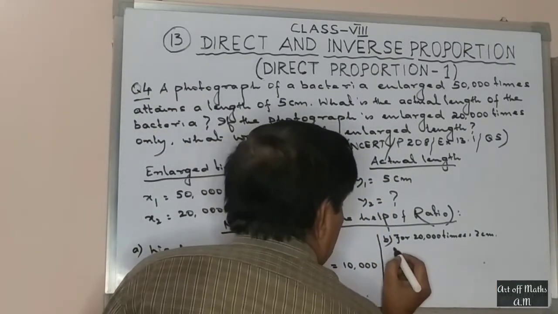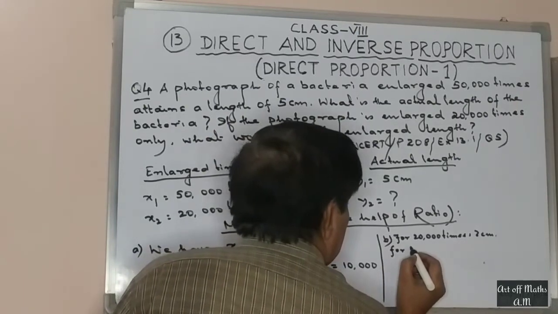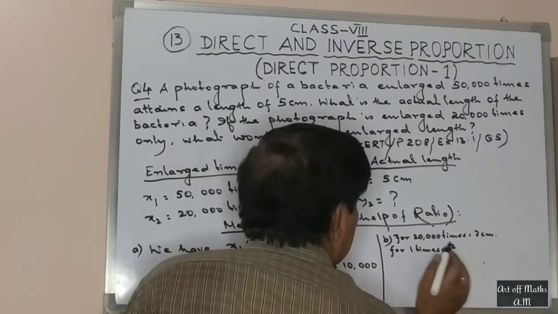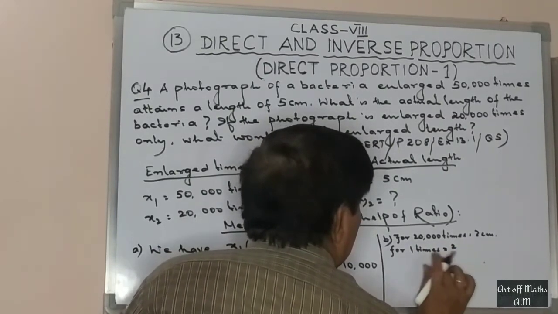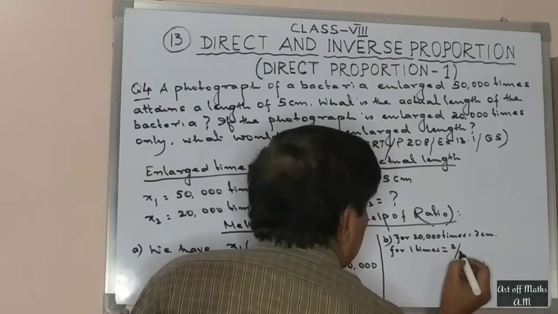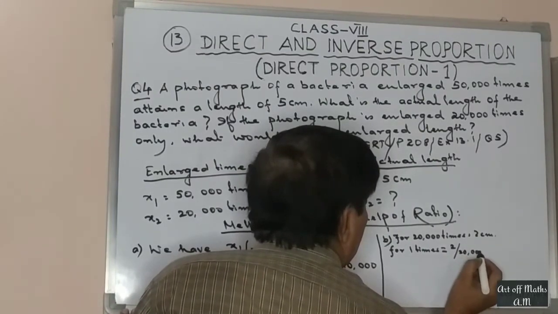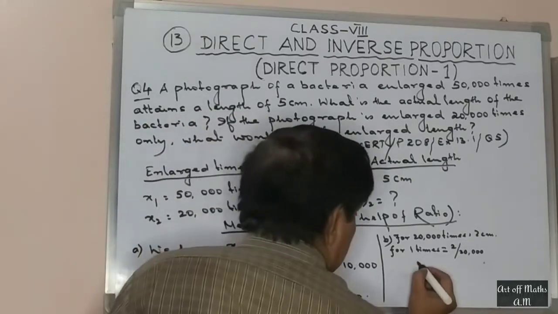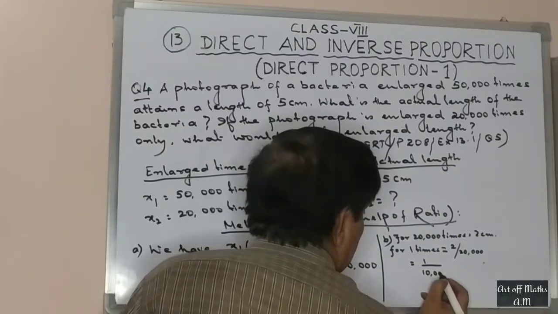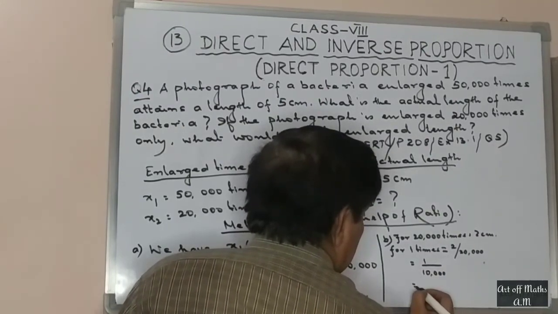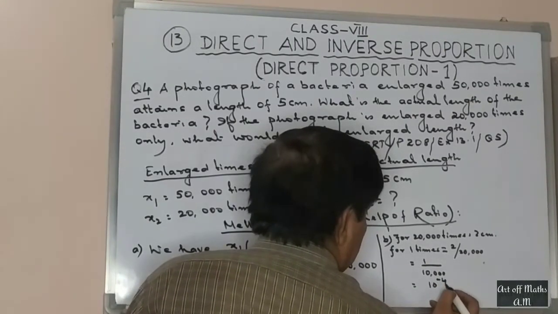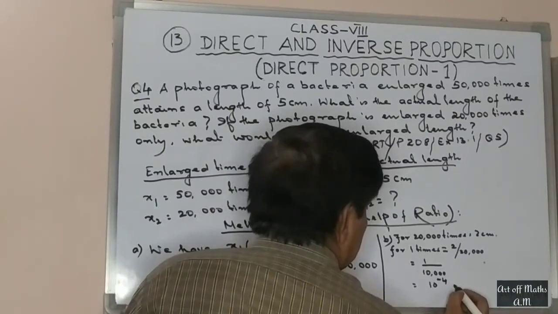So for 1 times, it equals 2 by this, or 1 by 10, or 10 to the power 4 minus 4 centimeter.